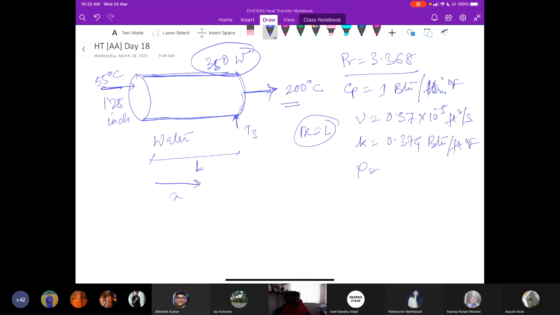So the density at this temperature, that is 255 by 2. For the sake of simplicity, consider everything in FPS. So 55 degree Fahrenheit, 200 degree Fahrenheit, and here 350 BTU per hour per feet.